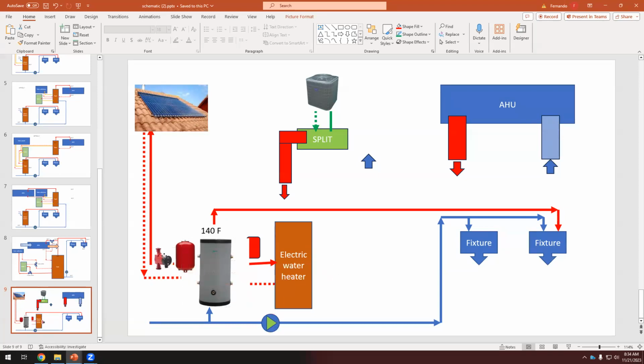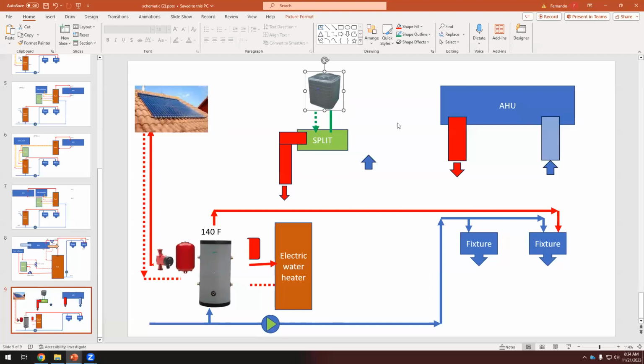Yeah, so that makes sense. It should be either before or after the expansion tank. But okay, so little by little, you can include all the elements that we need in this system. And I don't know if you like this, at least I can understand that if you see a heat pump, you can see what it is.